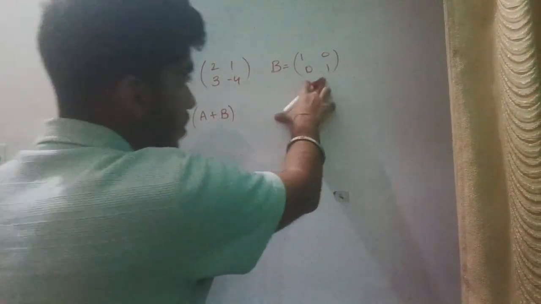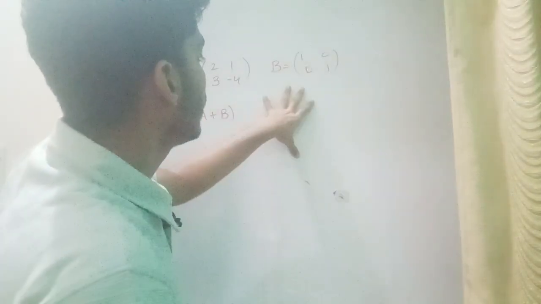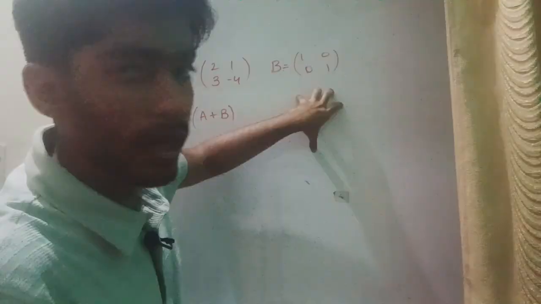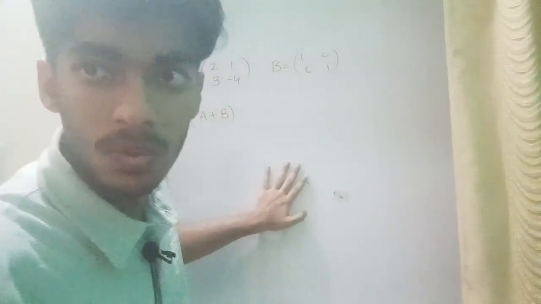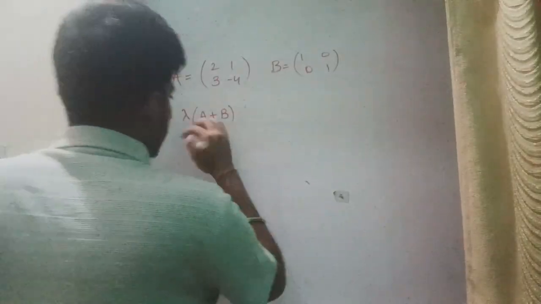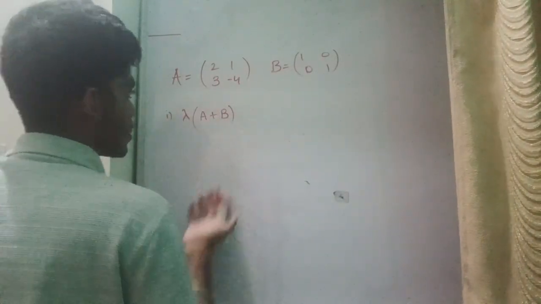A matrix of this kind is what we call an identity matrix, a square matrix where the diagonal elements are 1 and all other elements are 0, right? So this is my matrix B, this is my matrix A, and there's some scalar lambda.